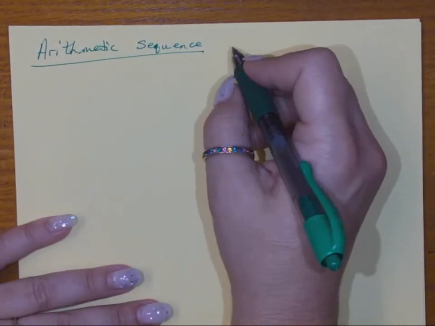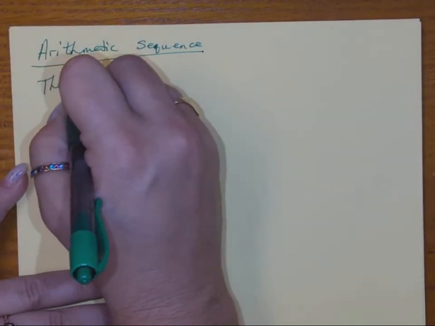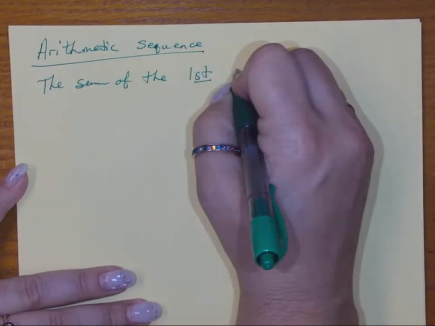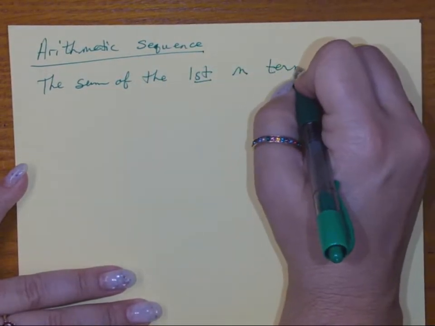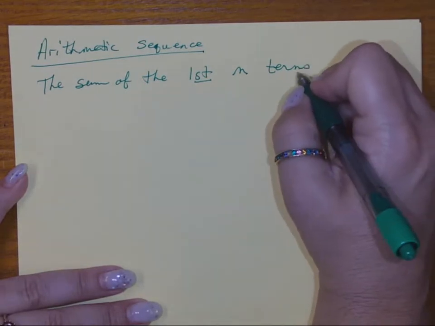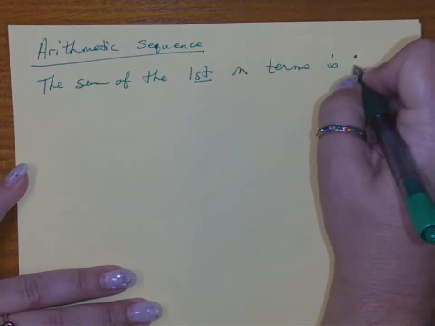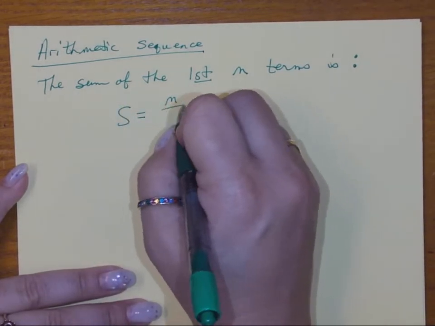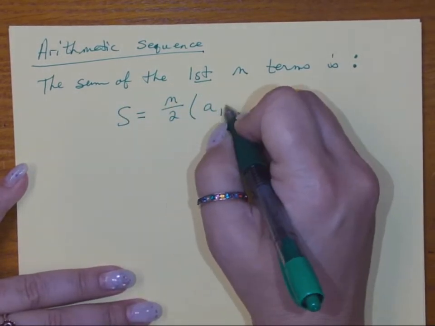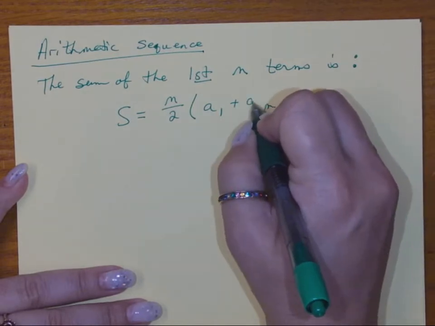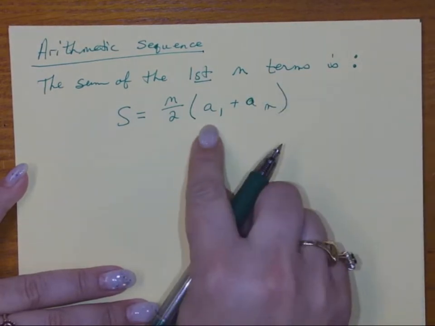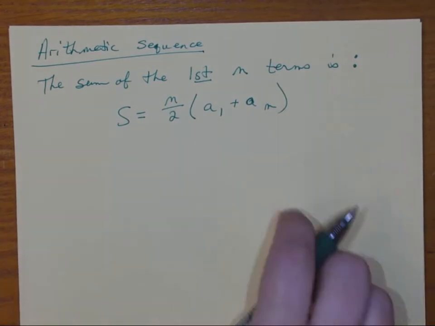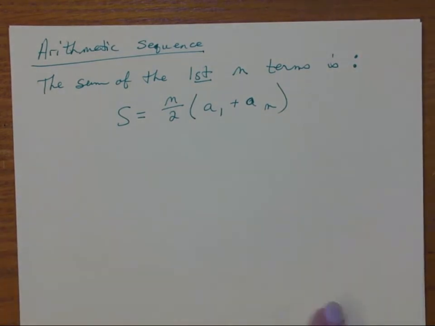So for an arithmetic sequence, the sum of the first n terms can be found by this formula, S equals n over 2 times a sub 1 plus a sub n. So we did a little bit of work with this notation a week or so ago. A sub 1 is my first term, if you'll remember.